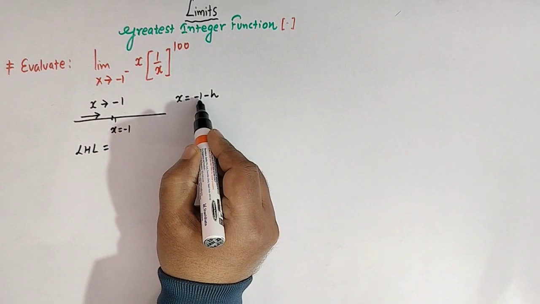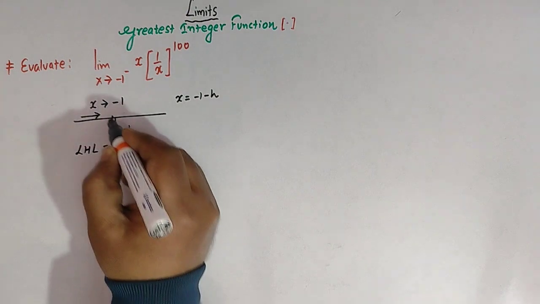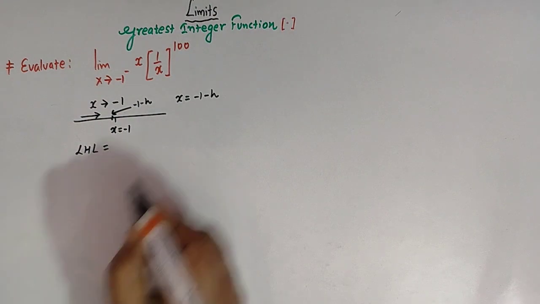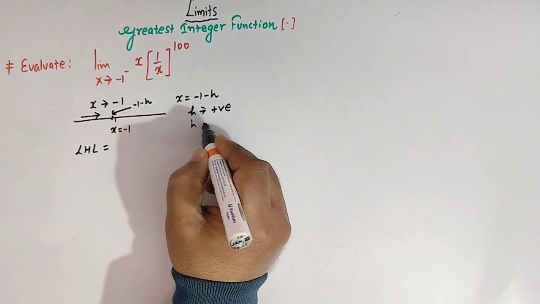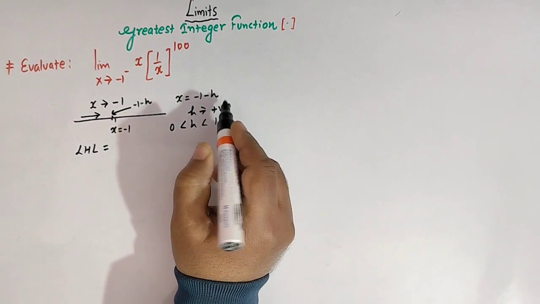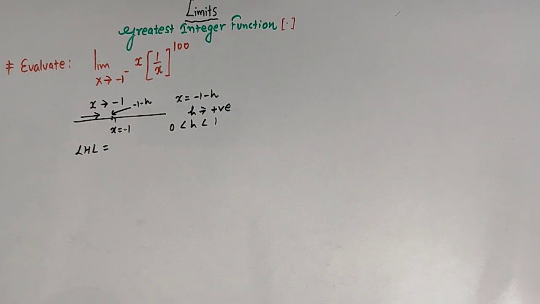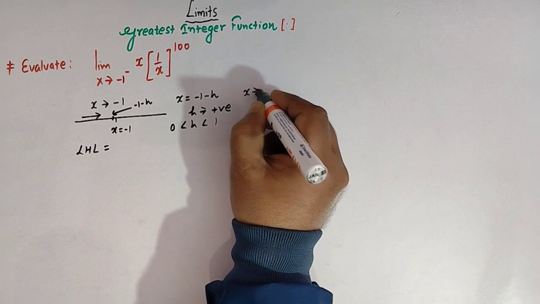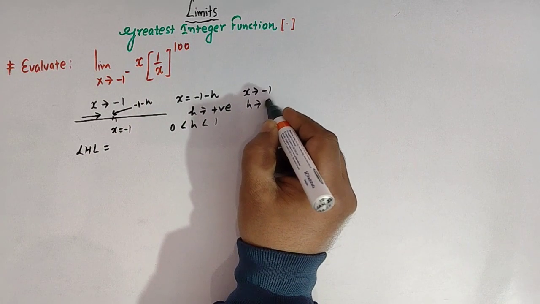This quantity h is a positive quantity, it lies between 0 and 1, and always remember that h is infinitesimally small. So when x tends to minus 1, h tends to 0.